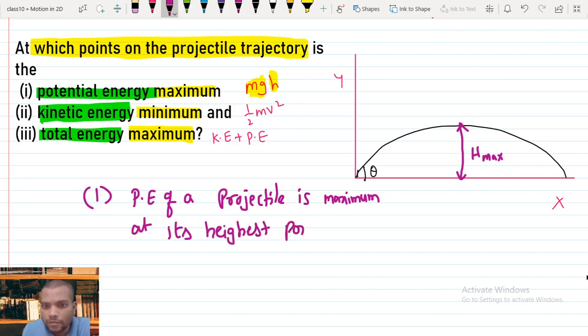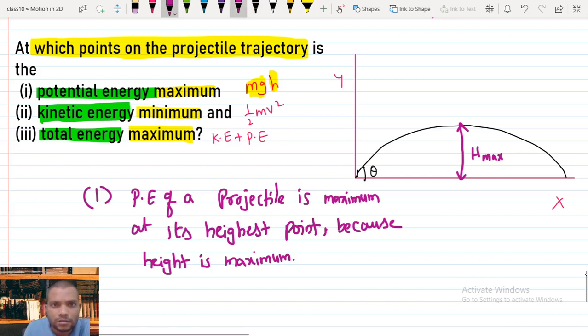Reason? Because height is maximum. Therefore, if we do some little math, potential energy max equals mgh.